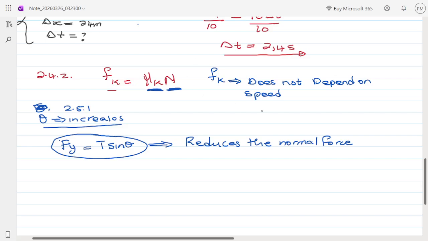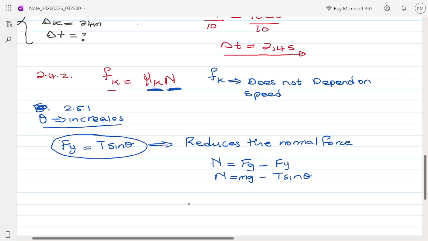Since it reduces the normal force, the formula that we use for normal force is equal to Fg minus Fy. This is the same as the normal force equals mg minus T sine theta. So that's the formula that we use for normal force.